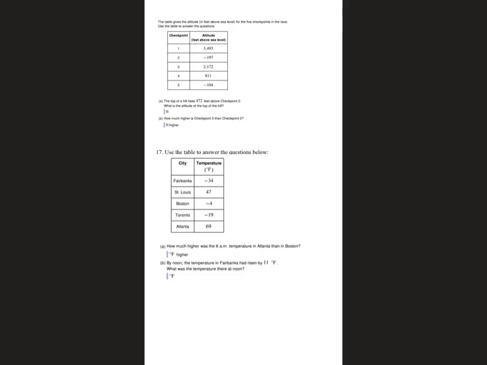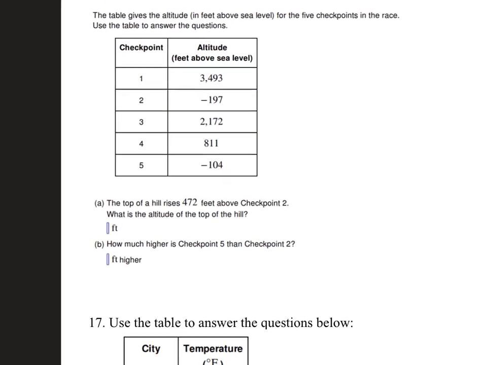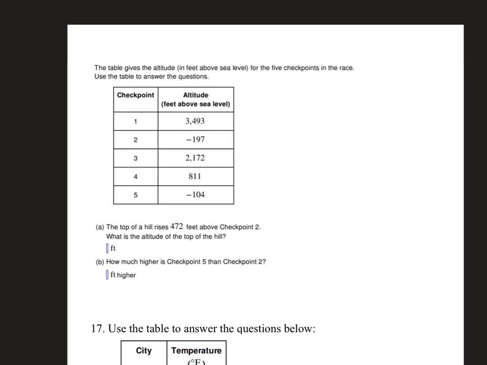That's going to be on our next page. It asks us at the top, use this table, it gives the altitude. And part A says the top of a hill rises 472 feet above checkpoint 2. So I have checkpoint 2, and then it's above it, so we'll add 472 to it. So I have -197 plus 472. I have more positives than I have negatives, so how many more do I have?